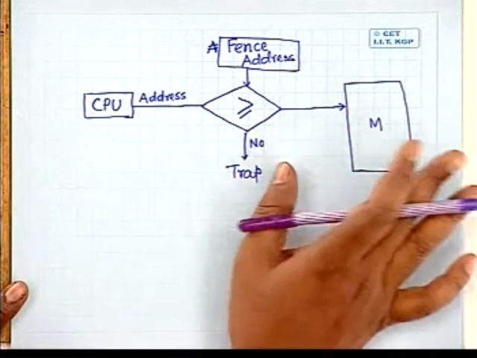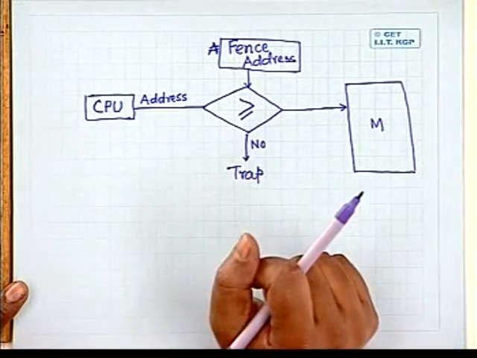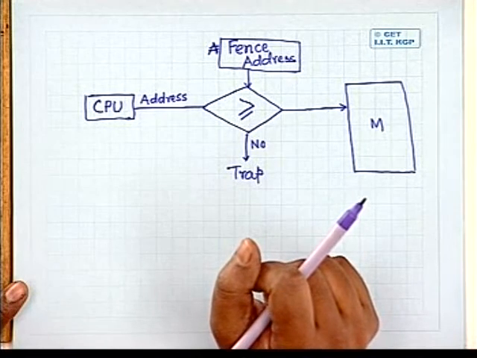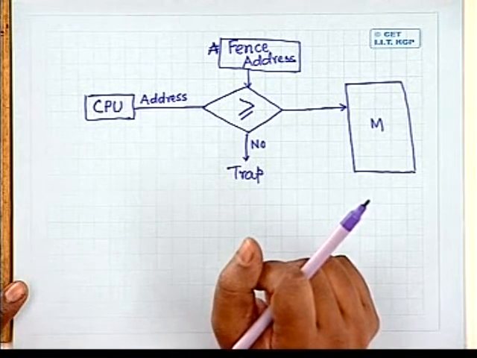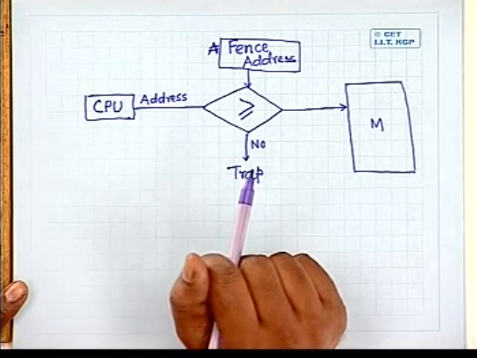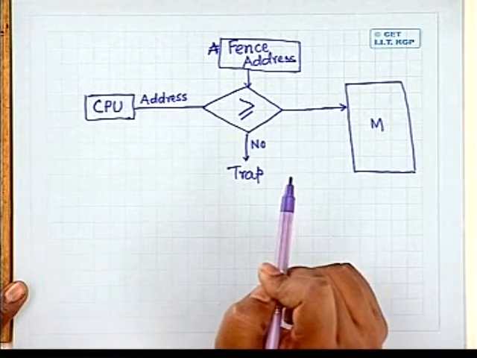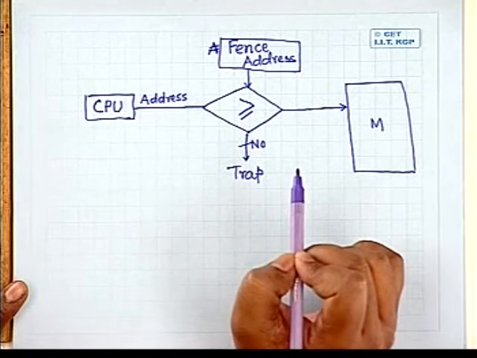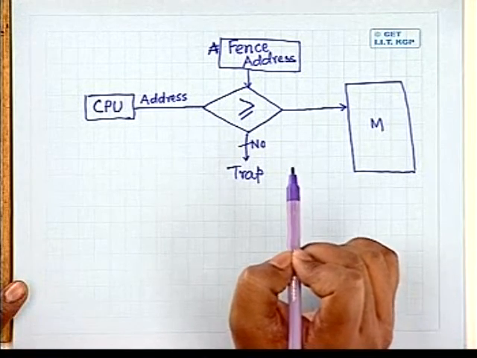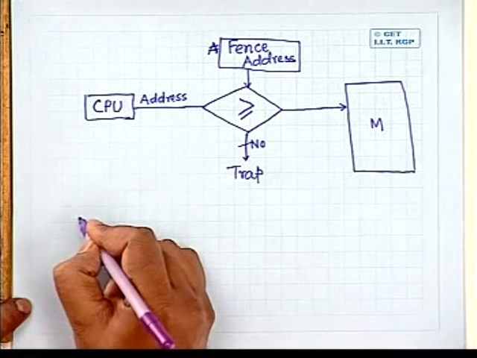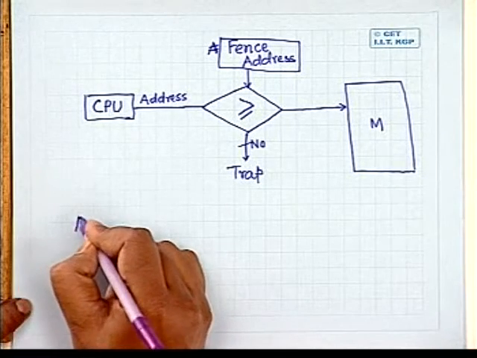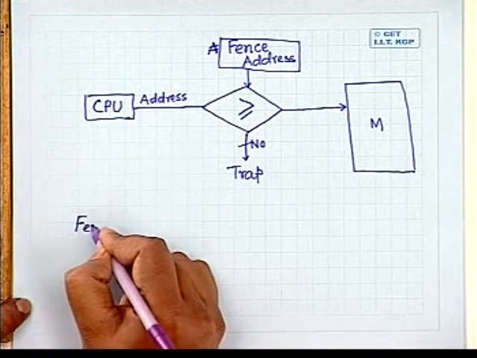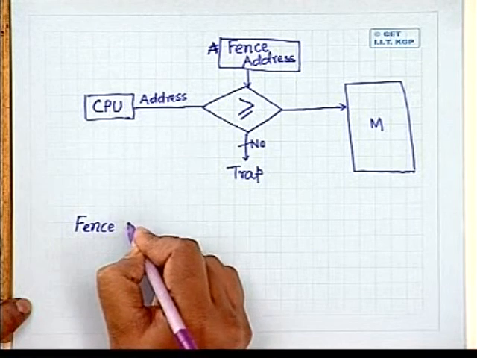To solve this problem, let us not fix the fence address in hardware, but let us have something called a fence register. The content of the fence register will say what the fence address is, and the comparator part can still be in hardware. So this fence address will be stored in a register which we call a fence register.